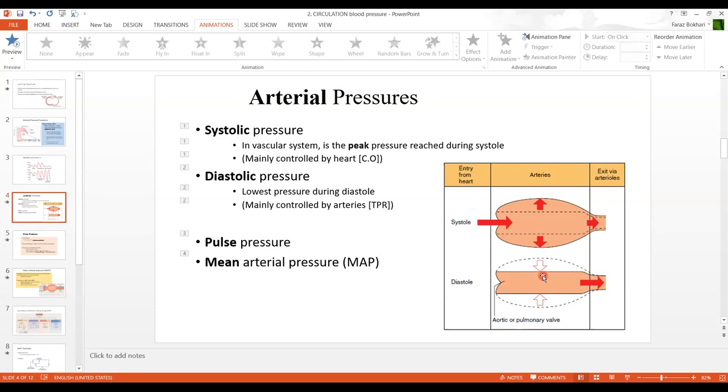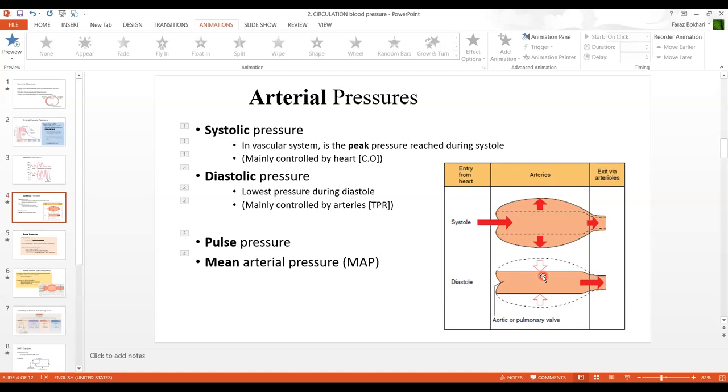Now you understand the pulsatile flow, the role of the elasticity of the arteries, and the diastolic phase of the arteries. What important role it plays in the propagation of blood flow throughout the arterial side of the circuit.